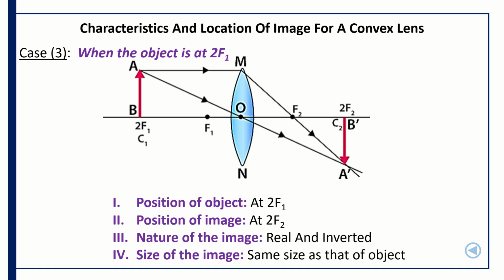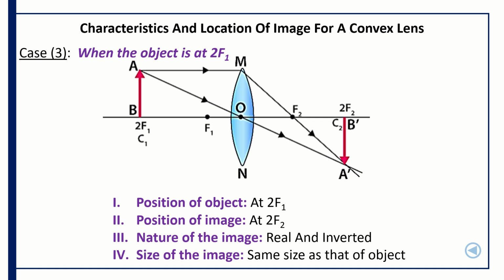So what is the position of the object? The position of the object is twice the primary focal length of the lens. So we get the image at twice the secondary focal length of the same lens. The formed image is real, and real images are inverted.